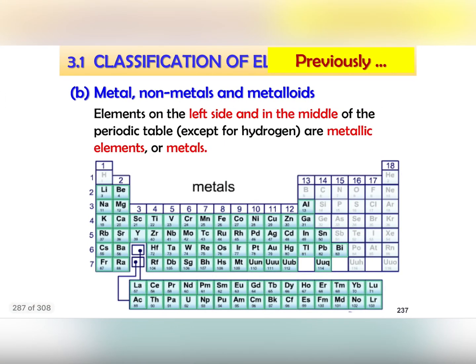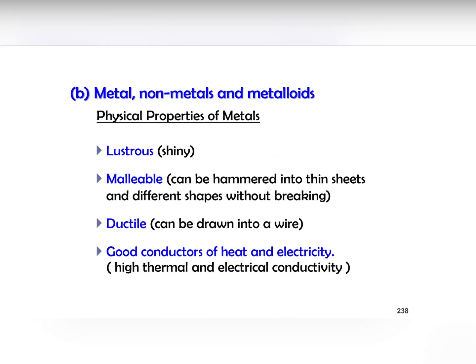Alright, so dalam chapter 3, okay, kita dah jumpa periodic table and here are parts yang melibatkan metal. The one in green are all metallic elements. So physical properties of metal, ini semua kamu dah pernah belajar before this.